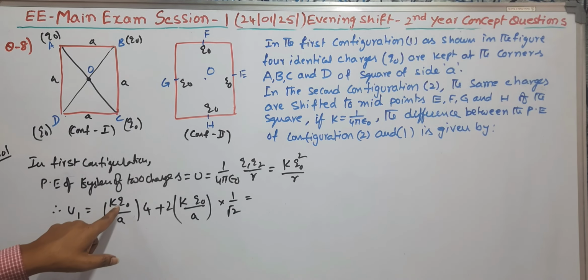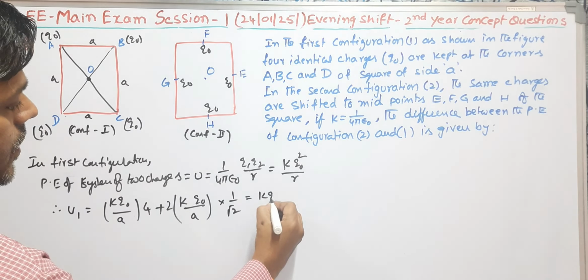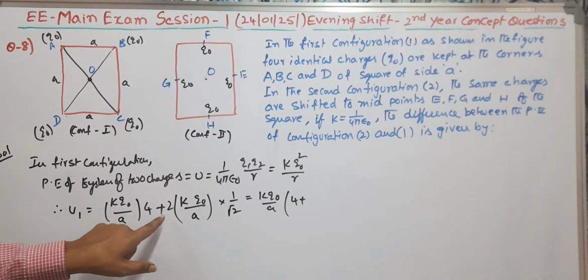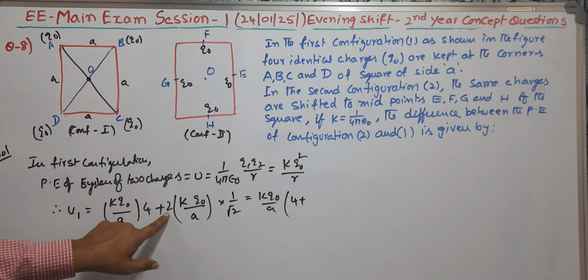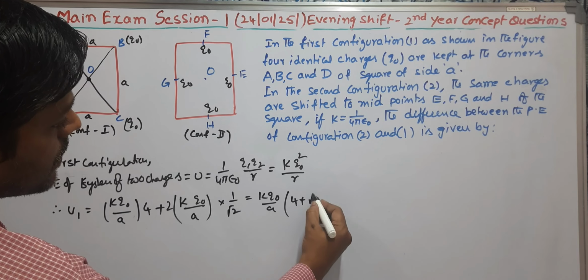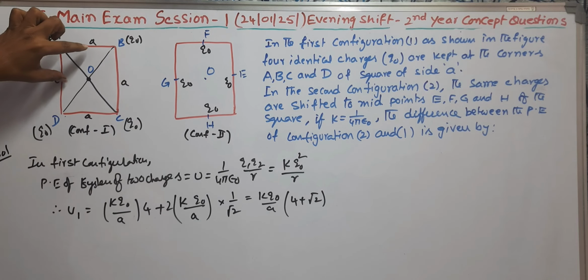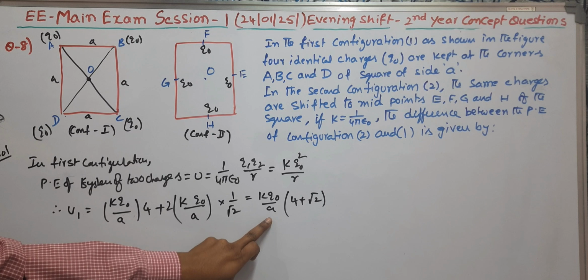From this you can take k q naught square by A common, equal to 4 plus, root 2 into root 2, the root 2 cancels, 4 plus root 2. This is the potential energy of the first configuration.